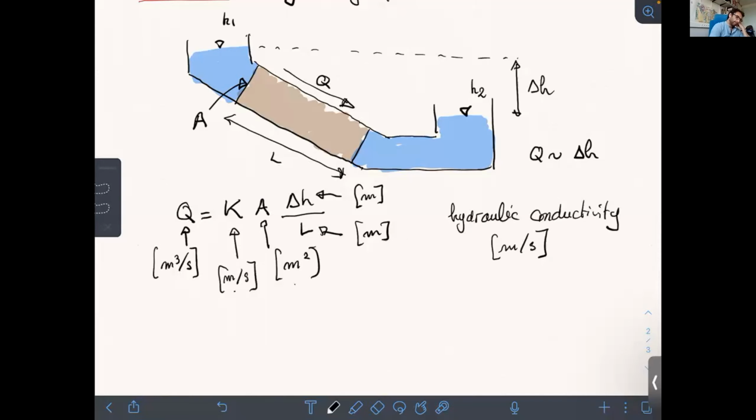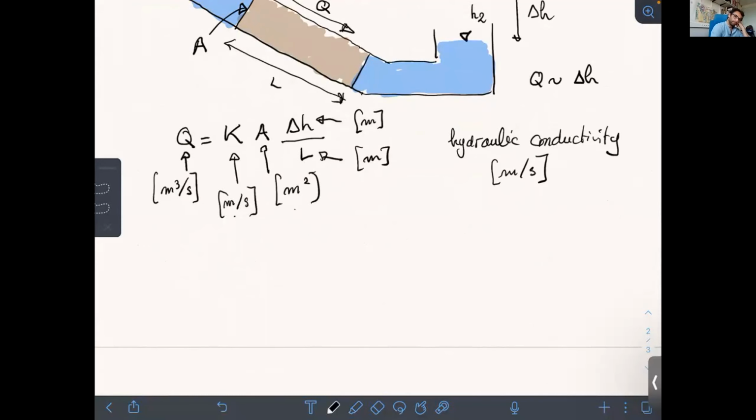Okay, so this is the most important parameter in porous media.